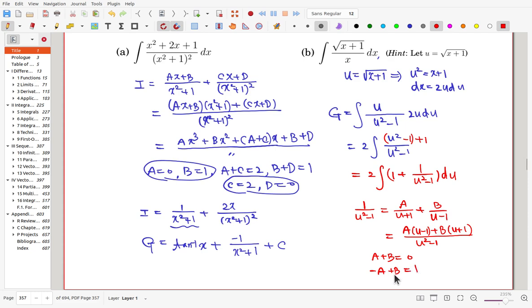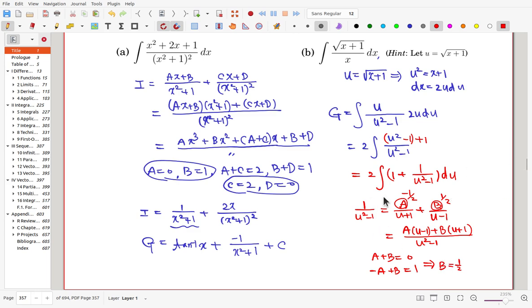If we add them, then 2b = 1, so b is 1/2. Then a must be −1/2. So this value is −1/2, and that value is 1/2.